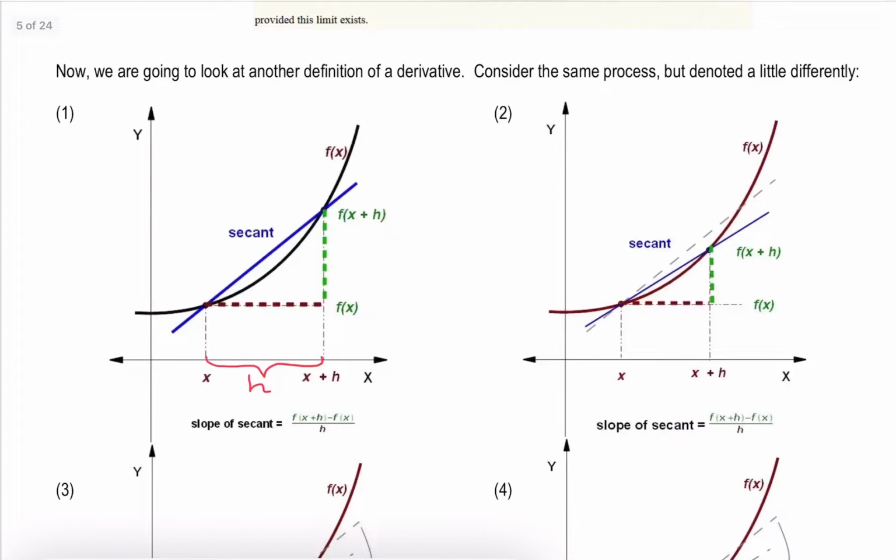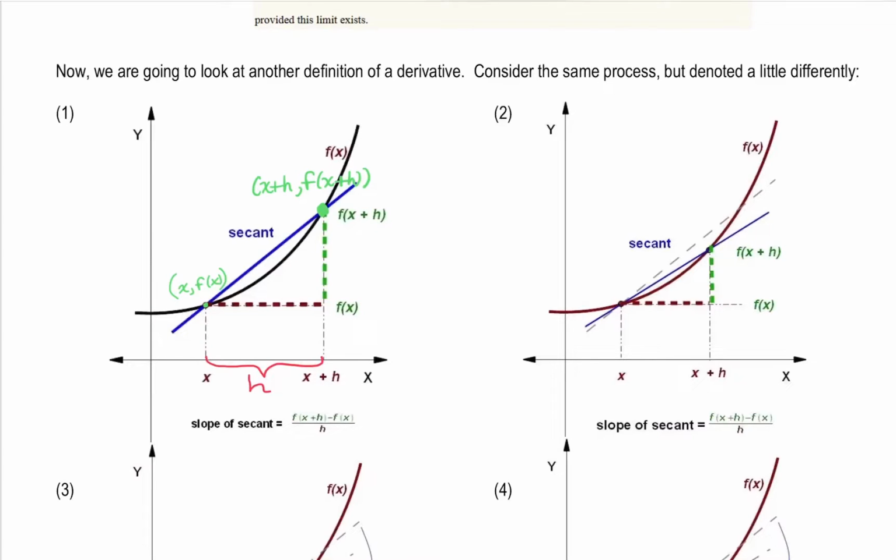So on the function, this point is now the ordered pair x plus h, and its output, of course, would be f of x plus h. So that is this point on the function right here. And then, of course, we have our first point on the function, this little guy right here, which is just any x, f of x.